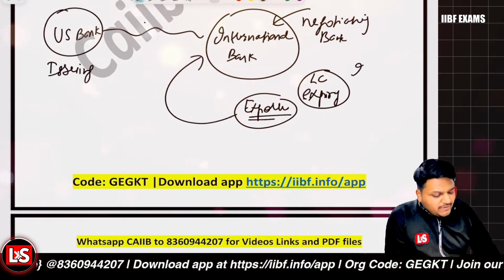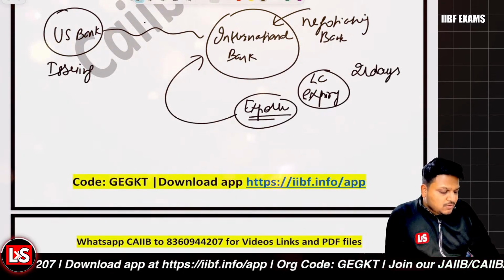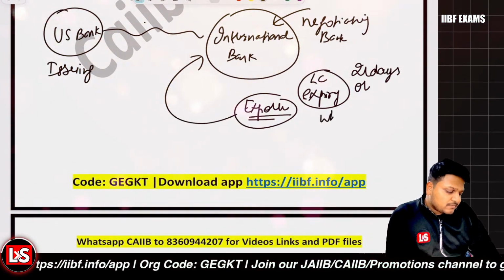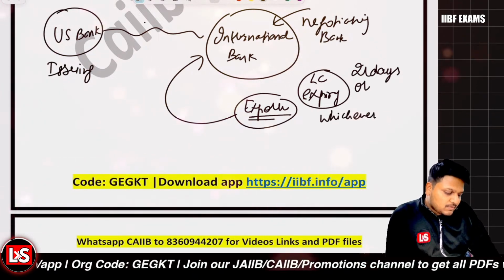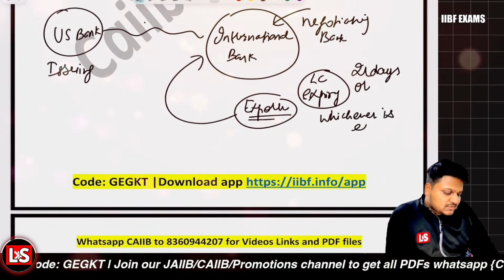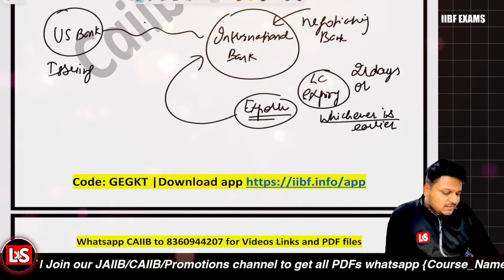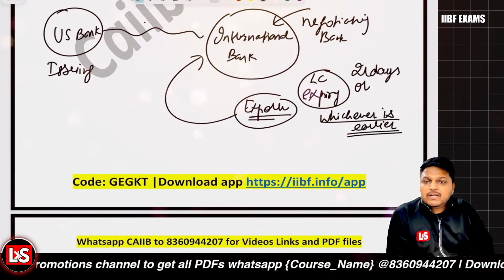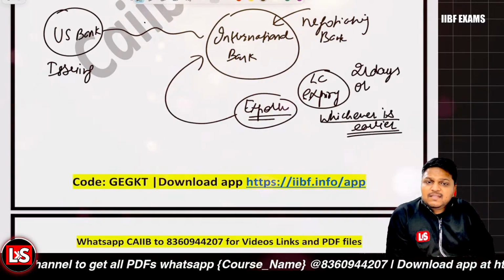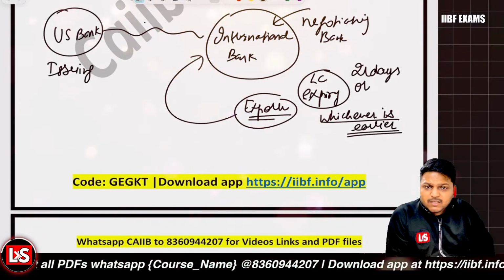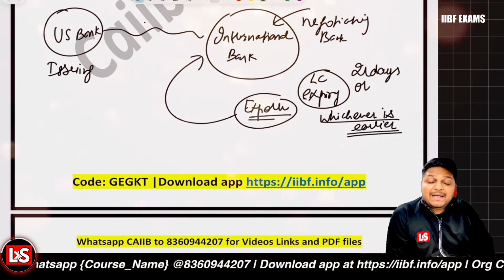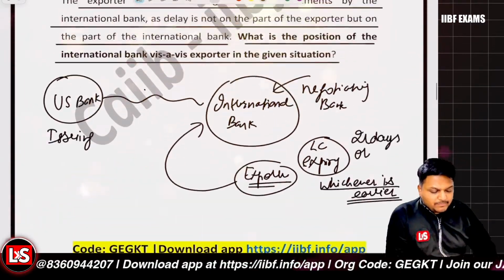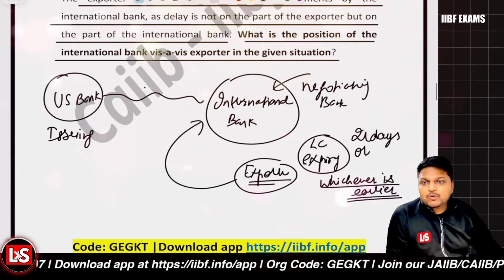It is 21 days or before the letter of credit expiry, whichever is earlier. Whichever is earlier, the documents are to be presented. But now the letter of credit has already expired. The exporter insists to the negotiating bank that the delay was the bank's fault. So what will be the rule over here?